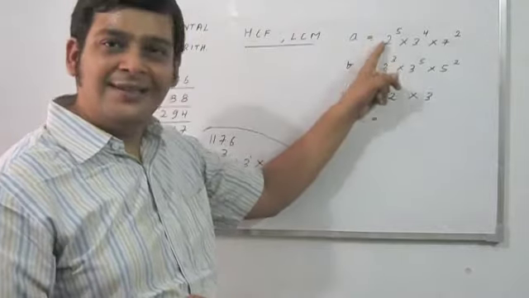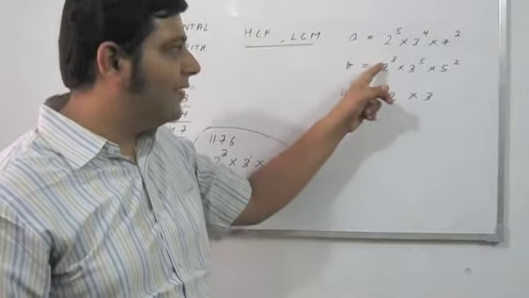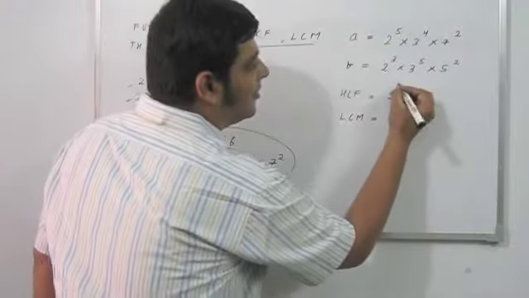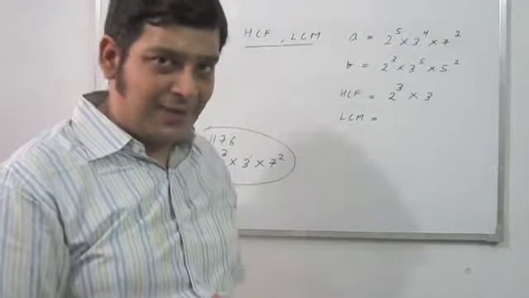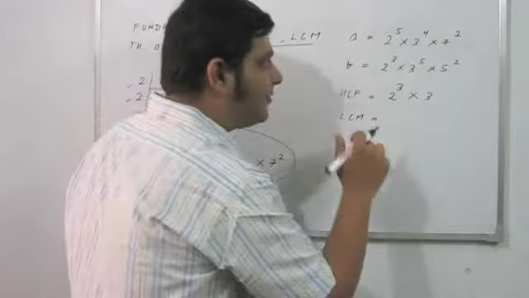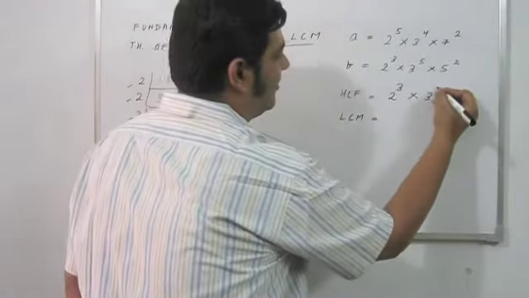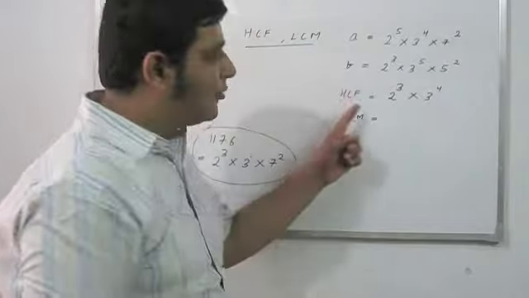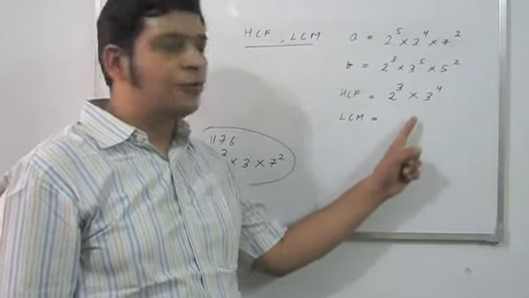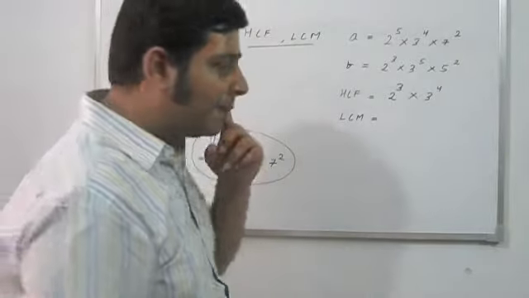For 2, that is 3, which is there in B; this is 5, this is 3. So the power of 2 will be 3. Looking at 3, what is the lowest power there in both the numbers? It is 4. And so my HCF is 2 cubed into 3 to the power 4.